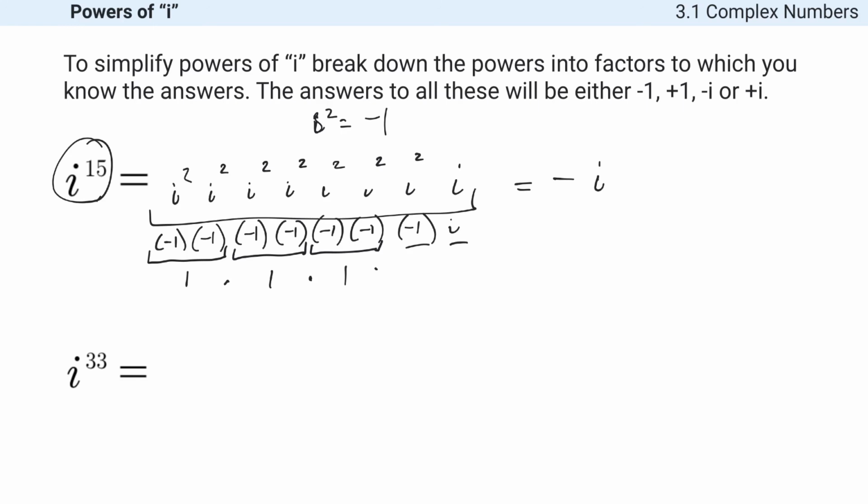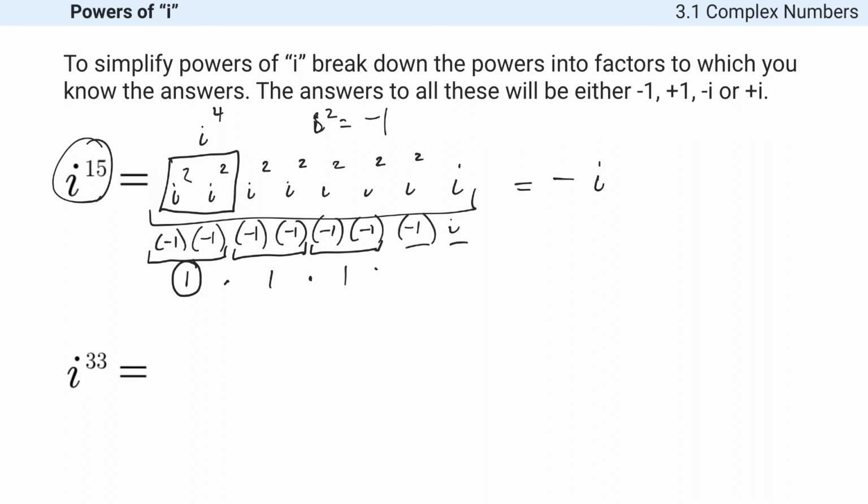Now, if you get a number like I33, that makes it a little bit tougher and longer to do. So what you can do is look at not just an I squared, but how about I to the 4th? So I squared times I squared is I to the 4th. And anytime I have an I to the 4th, that's equal to 1. Or I could even go further than that.